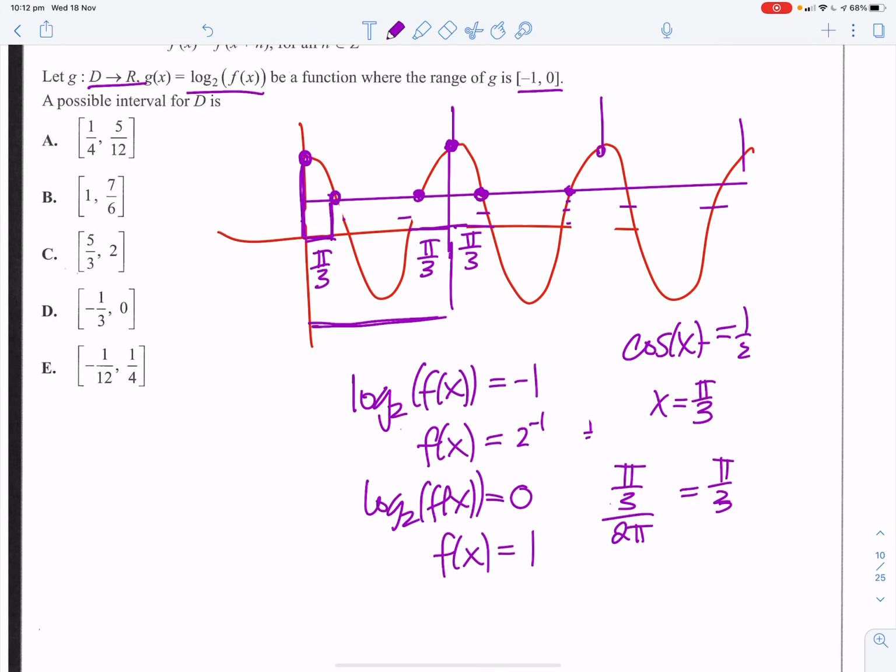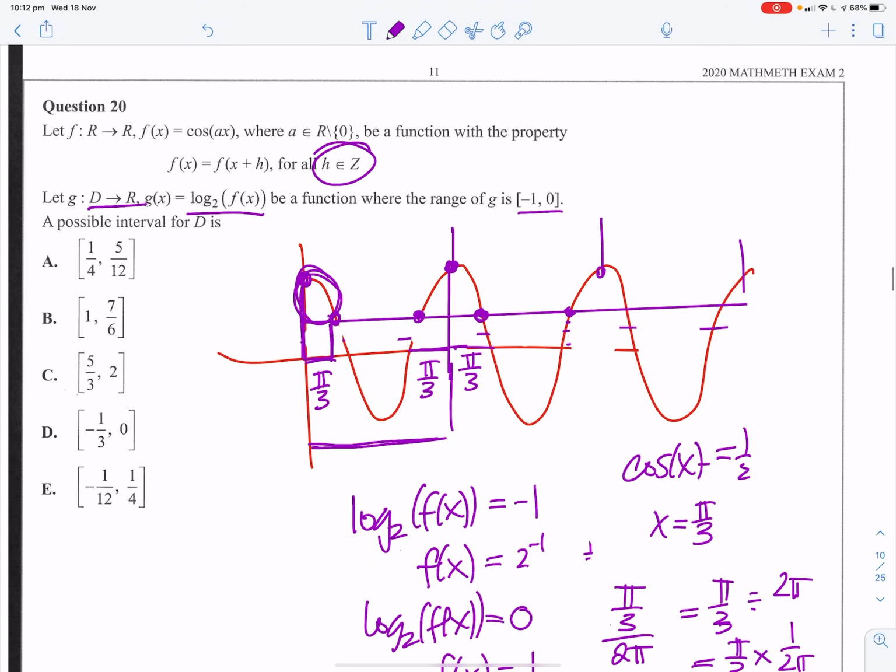Pi on 3 divided by 2 pi is pi on 3 times 1 on 2 pi, which is 1/6. So that's 1/6 of a full graph.